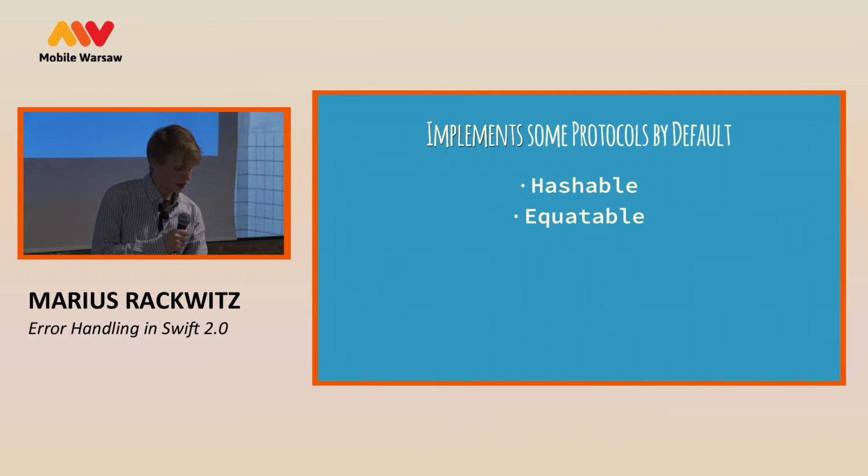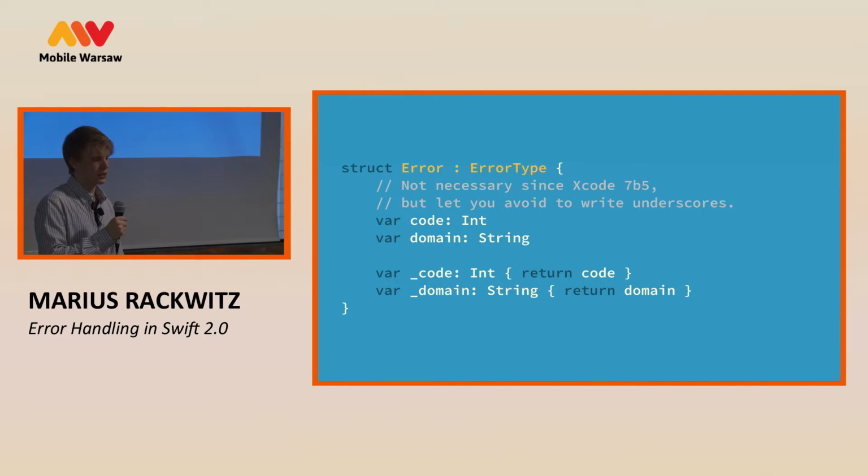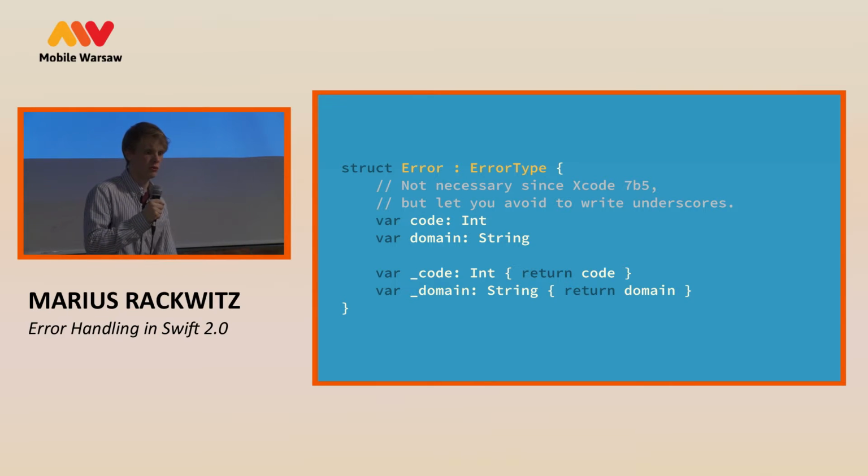So here's a little example of what you can do with our new gain now. You can implement Error type also in a struct. In the first betas of Swift, it was necessary to have all this code inside the struct here.